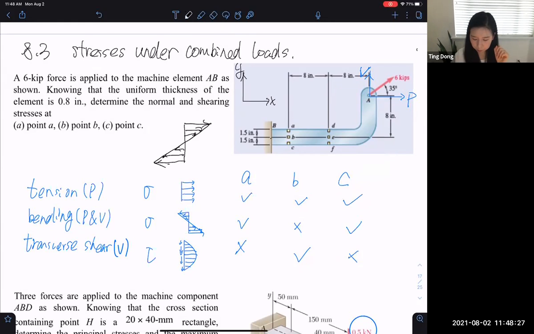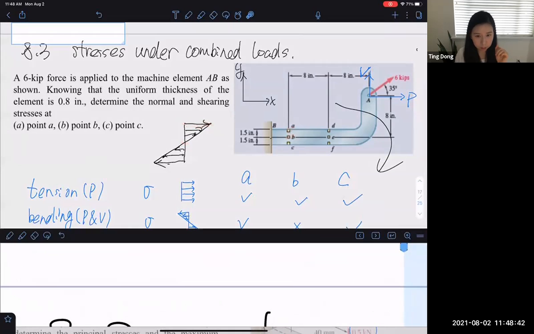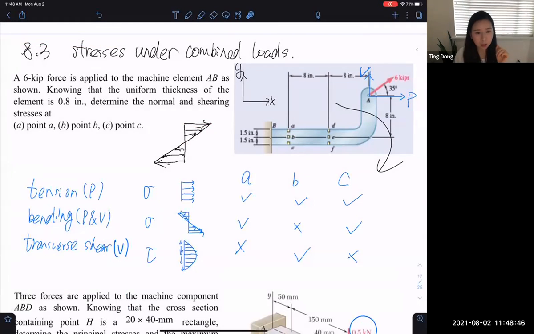So if the bending moment is in this direction, then on the top surface or point A, it is positive. Neutral surface, point B, it is 0. And at the bottom surface, point C, it is negative.